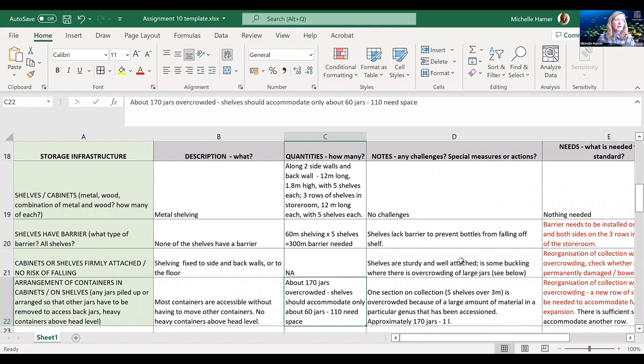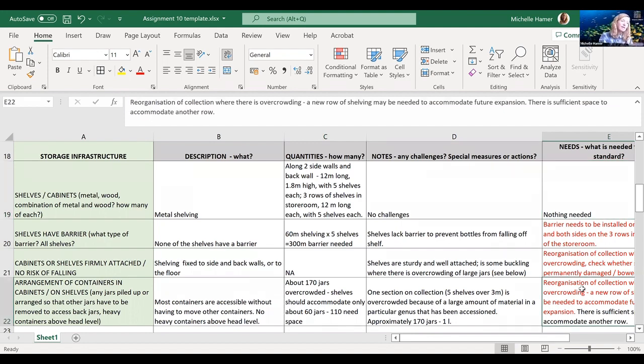And in the end, what's needed to meet the standard? The standard is that you shouldn't have to move any bottles to reach the ones at the back. There should be enough space that you can reach and get them out without unpacking and moving a whole lot and trying to find something at the back. So how far away from that are you? What would you need to do to reach that standard?